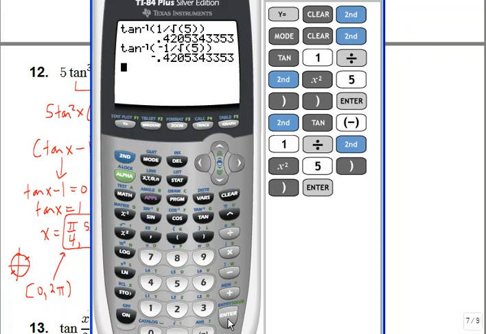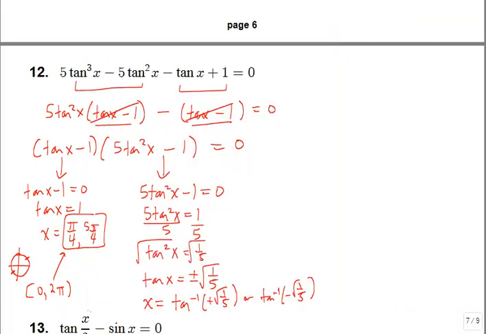Yep, so we get 0.4205 and negative 0.4205. So let's write these down and then we'll go from there to see what our final answers should be. So our x's were positive and negative 0.4205, or I'll just round it off to 0.42 for right now.